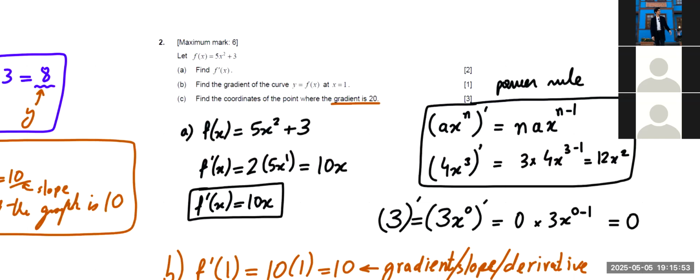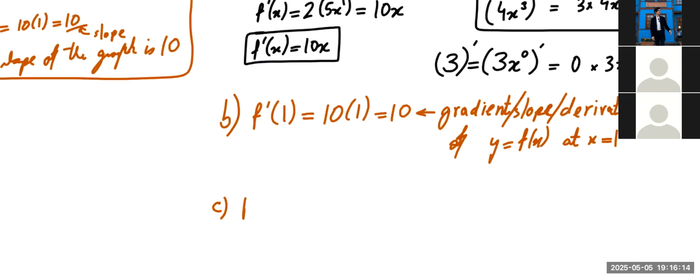Similarly, the next question says, what is the coordinate of the point where the gradient is 20? So when they say the gradient is 20, earlier they said find the gradient, and I understood they wanted me to find the derivative, because derivative and gradient are synonymous words, right? Now they're saying the gradient is 20, which means the derivative is 20. So all I've got to do is solve derivative equals 20 for x.